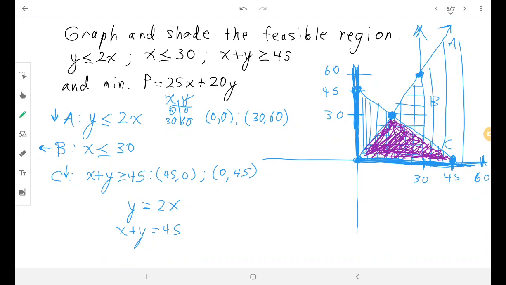I'm not going to do that now, but that's what you would need to do to get that final point. I'll give you a moment to look at that.